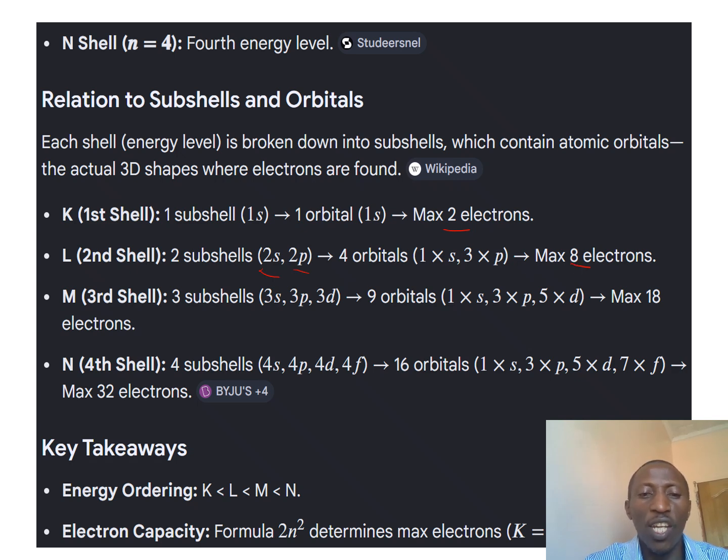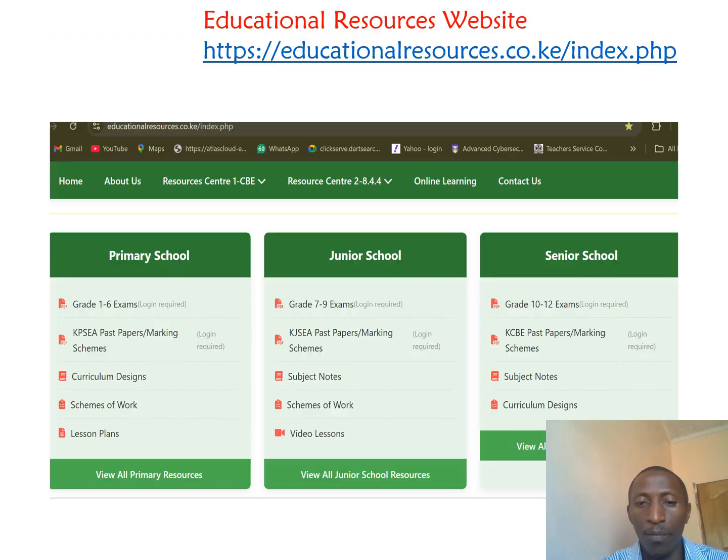In that shell, we have 3 sub-shells, the 3s, 3p, and 3d, a maximum of 18, and so on and so forth. In terms of energy, L has greater energy than K. M has greater energy than L. N has the highest energy, in that order.